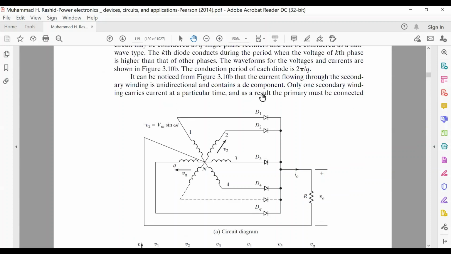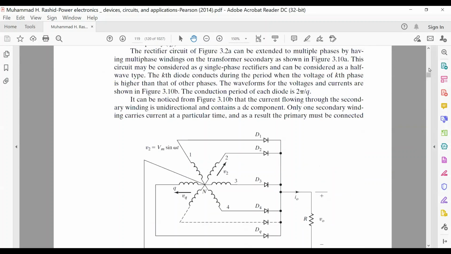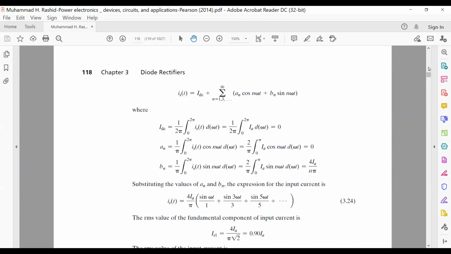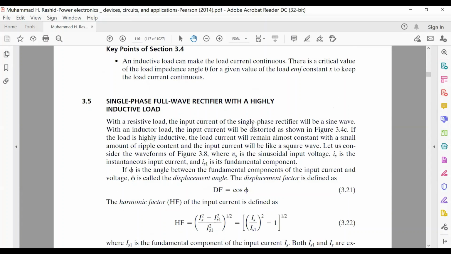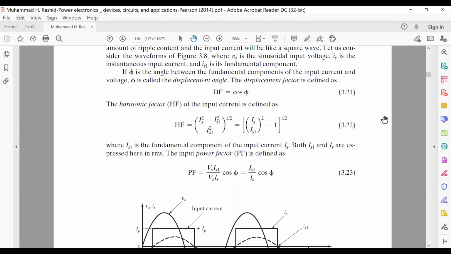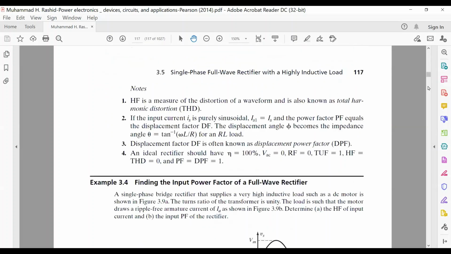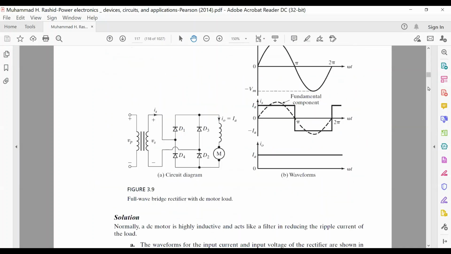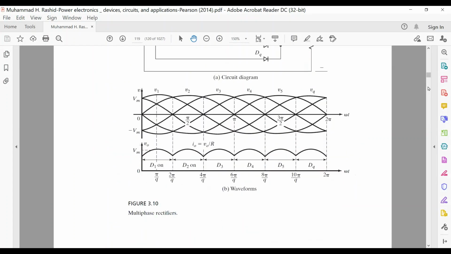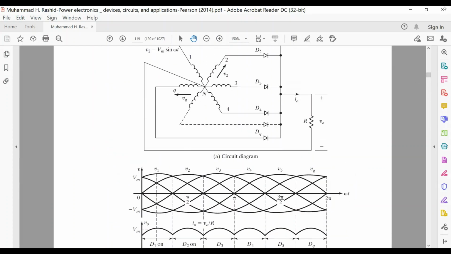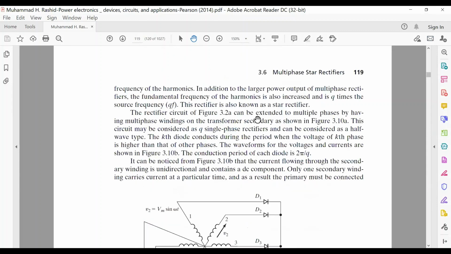So this is the 3-phase rectifier. We shall cover it, inshallah. This is in our syllabus. We will do that. We have already covered this.